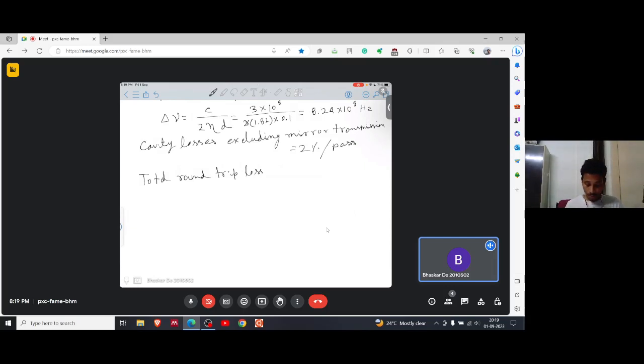So from first reflection it will be 1 minus 0.99, then there will be two passes for the one round trip, so that will also calculate the losses. So 0.02 plus 0.02, and then there is another loss from reflection, that is 1 minus 0.95.